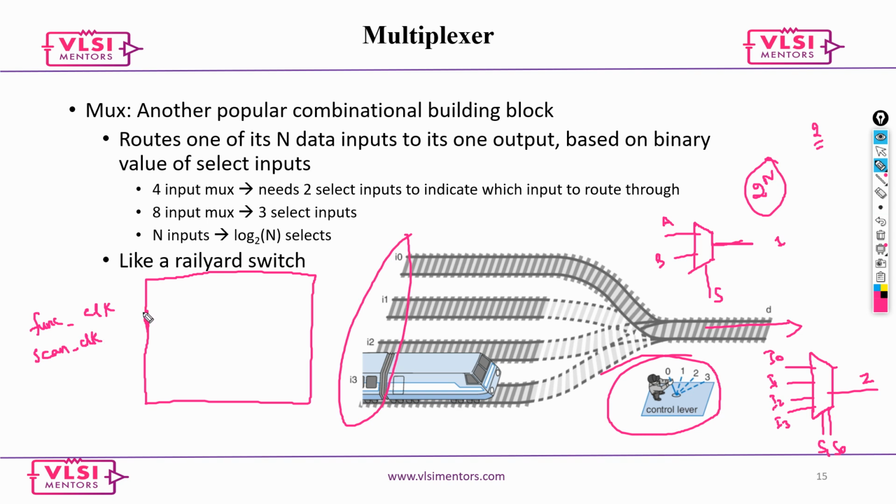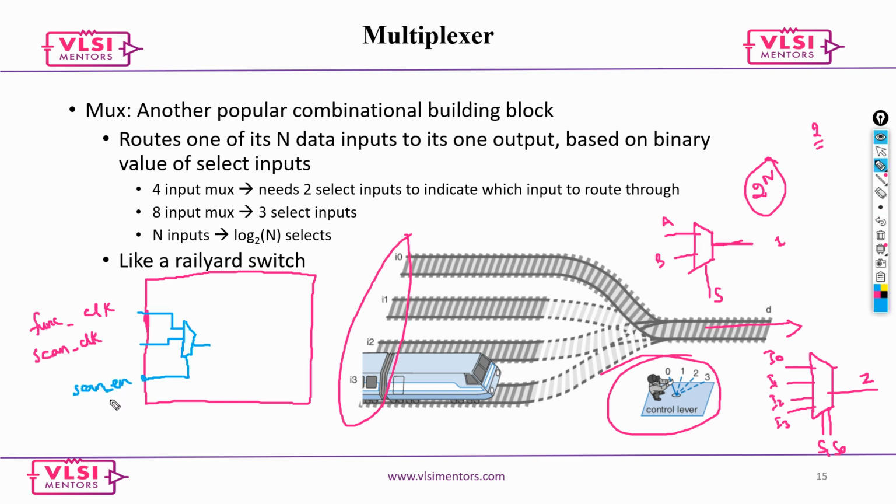So what we do is use a mux for these. And then there is a select line, which is called scan enable.